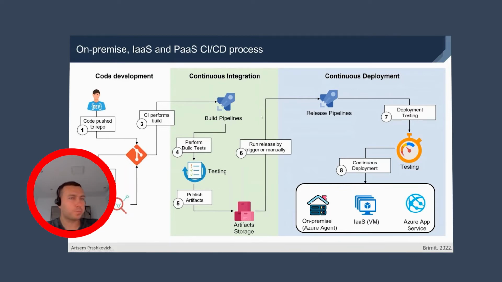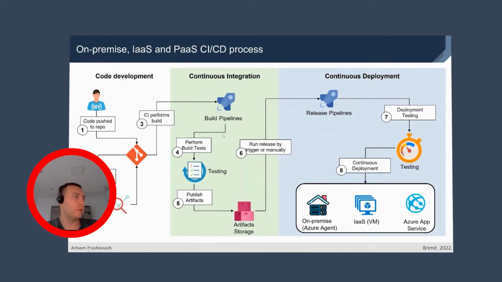Then we have build pipelines, which represent our continuous integration process. The build can be run automatically, or manually, or by some trigger from the Git repository: on push, on pull request merge, so a lot of options.